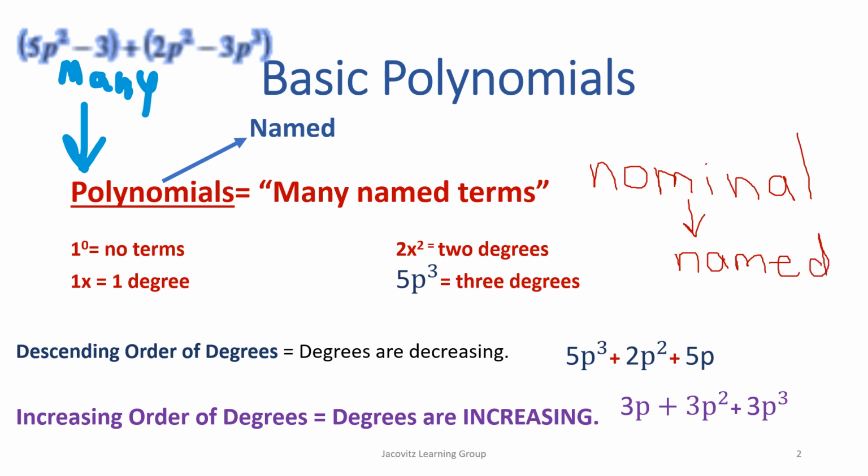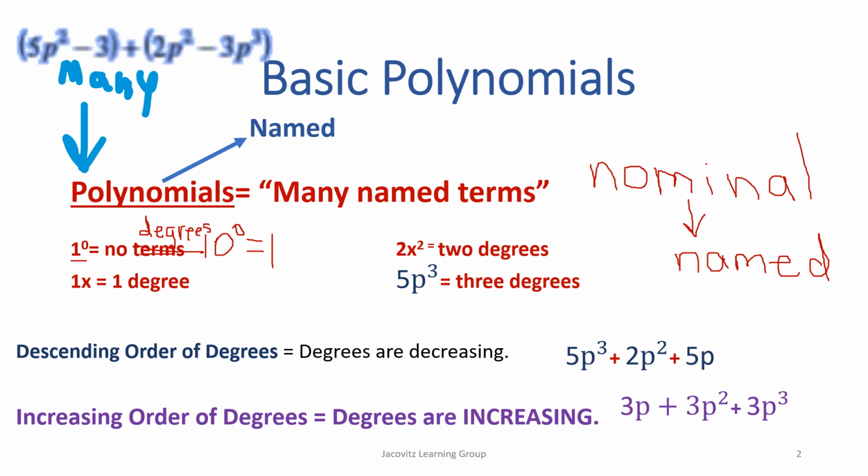And by the way, 1 to the 0 power, any number, even if it's 10 to the 0 power, equals 1. So this says no terms, but it's really no degrees. Because you have a term.